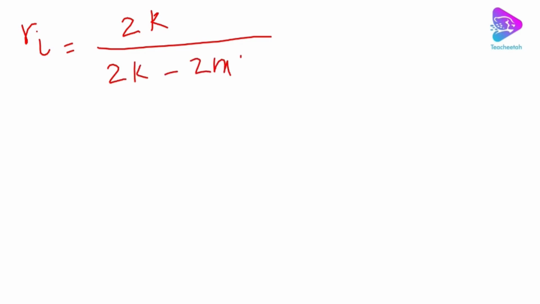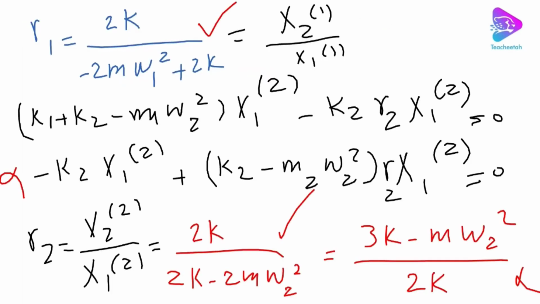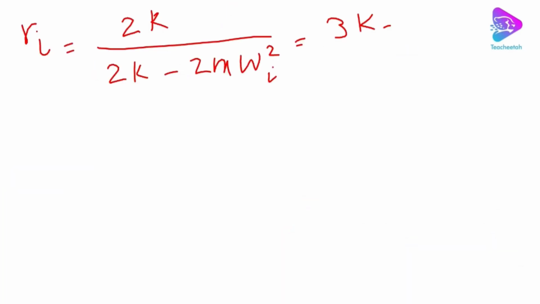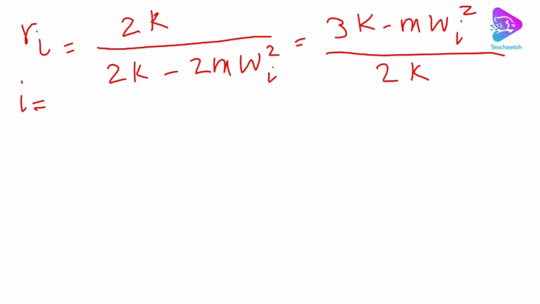We can say Ri is equal to 2k divided by 2k minus 2m omega i squared, or it is also equal to what we found, 3k minus m omega i squared divided by 2k, and i is equal to 1 or 2.